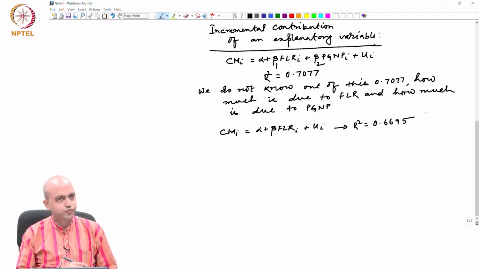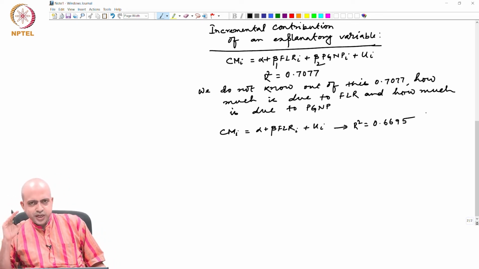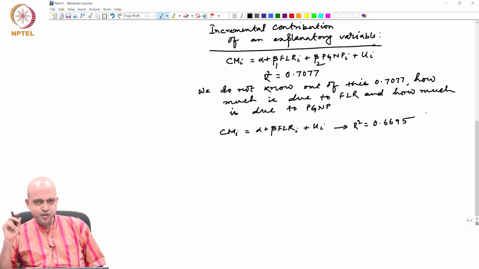This is the R square. Now, many a times in applied empirical research, a researcher faces a problem: knowing that the FLR variable is already there in the model, should we include PGNP also?